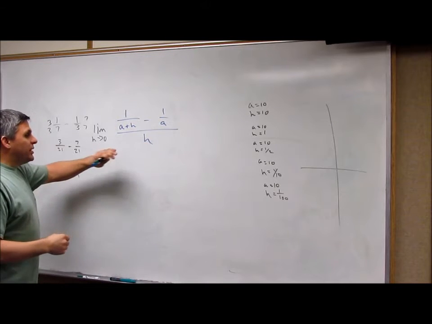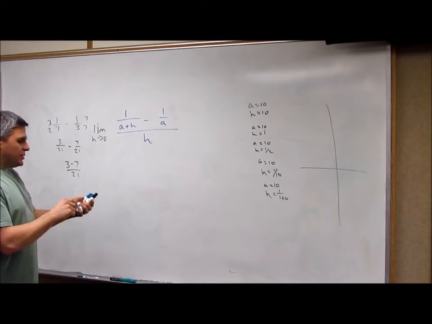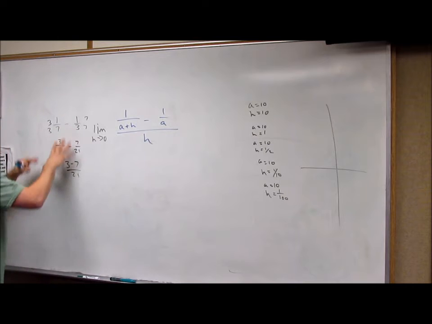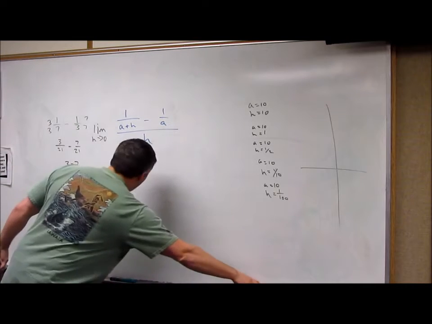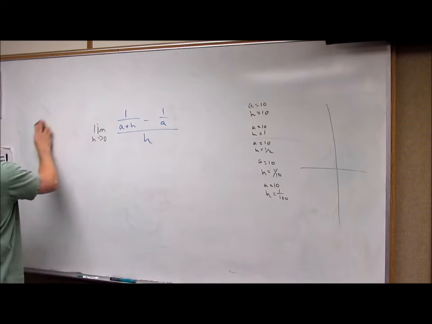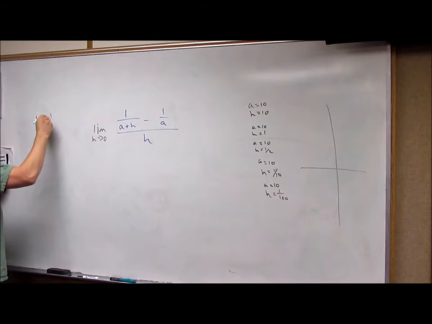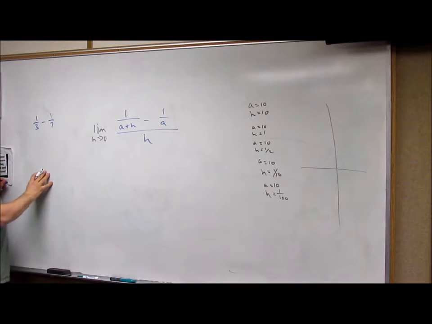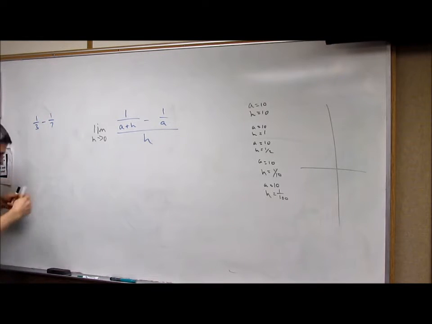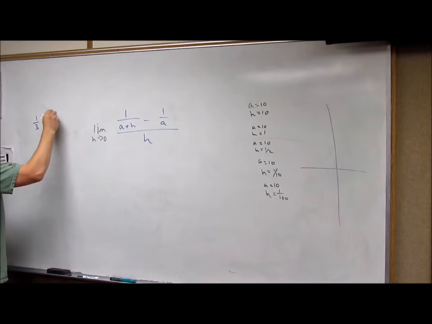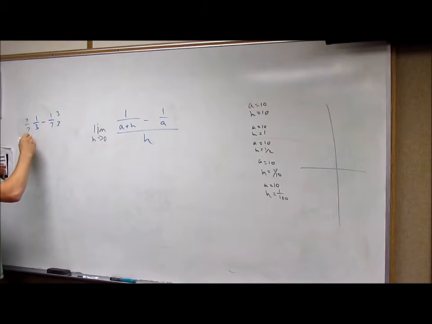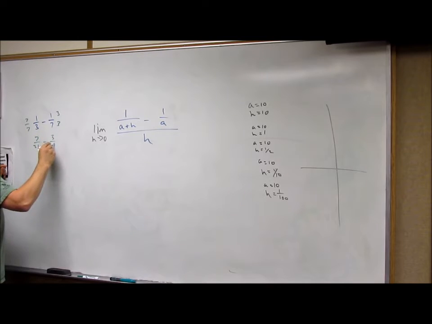So with this one, we want to solve it like we would solve a normal fraction. If we had a fraction of 1/3 minus 1/7, then we really have 3/3 and 7/7, so we have 7/21 minus 3/21.